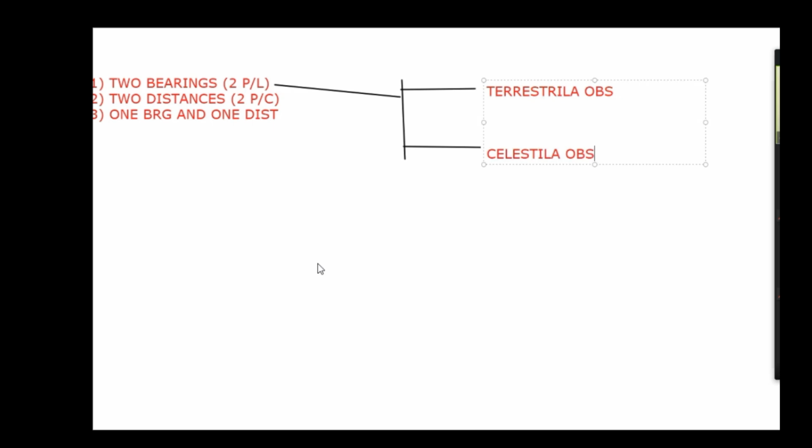But I'm not going into navigation. The position line you get by celestial observation is not actually a position line. It is a small part of a very big circle. If a circle's radius is 1,000 miles, it's a huge radius circle, and one small part of the circle can be considered a straight line. That's why you draw the perpendicular to the small part.